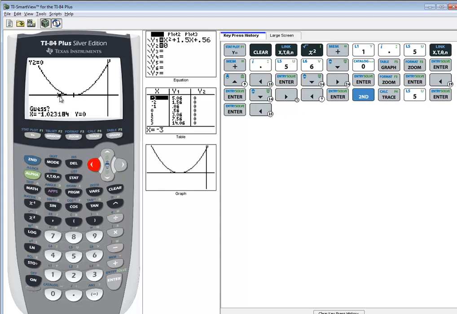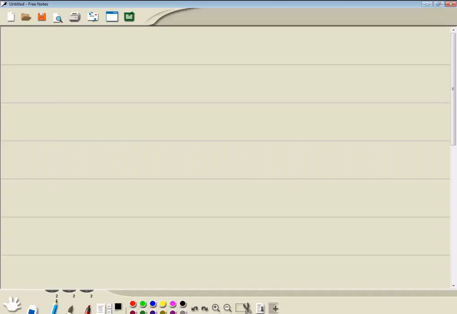It doesn't need to be clear over there, but closer to that side, and then I'll press enter. It tells us the intersection is -0.8. So let me write that down. -0.8.